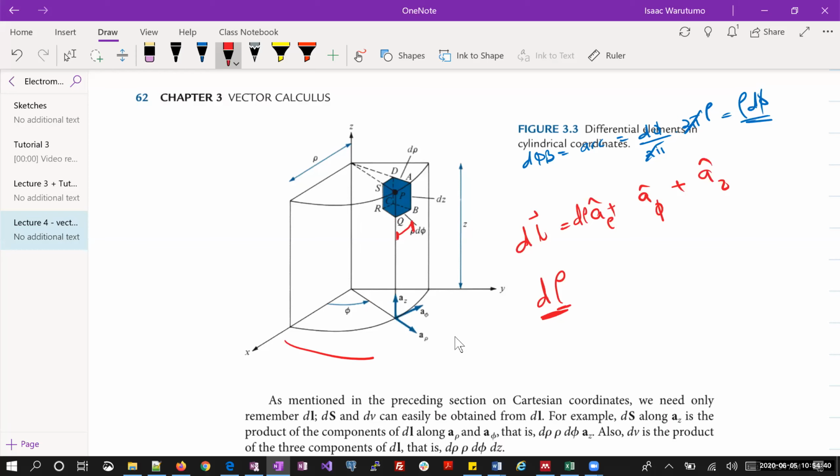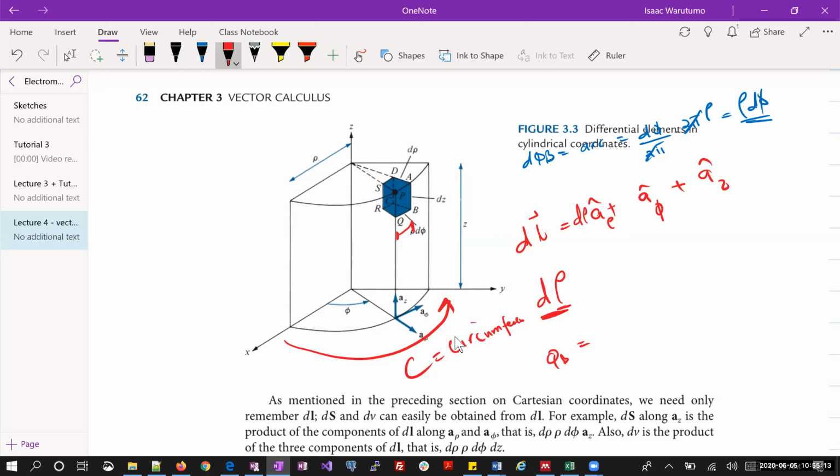Remember that this is the circumference of the cylinder, and therefore QB is part of the circumference. Which symbol are we going to use? Let's call the circumference C.